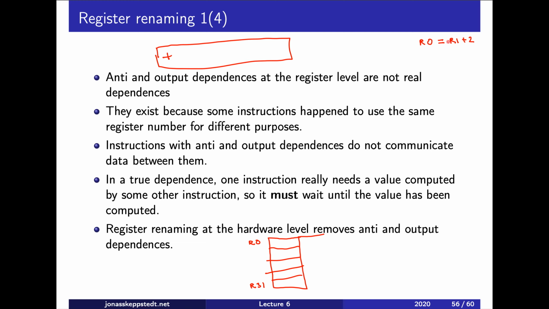When it fetches R1, it looks here. Is this R1 located in the register file or in such a rename register? How many rename registers can there be? Well, for instance, if we have 32 integer registers, we can have 80, that's just an example, rename registers for integers.